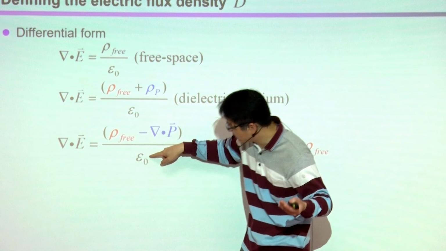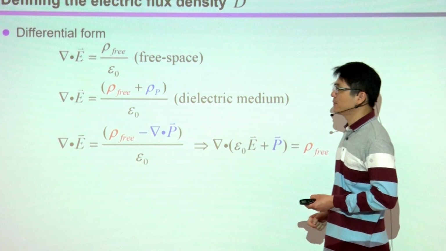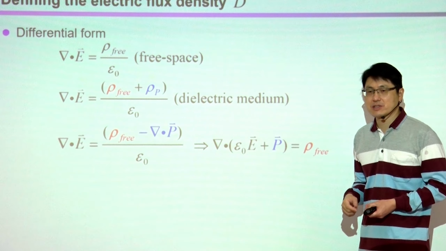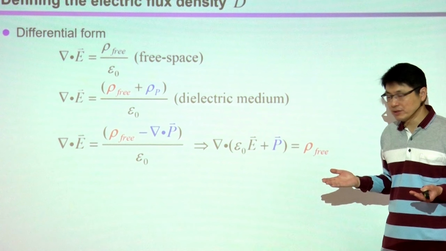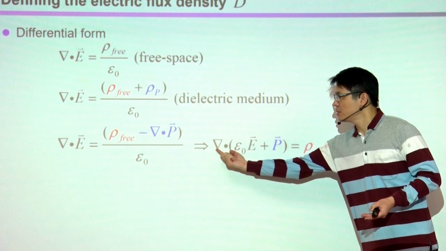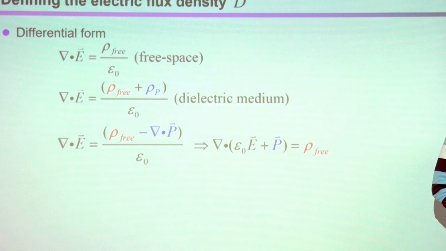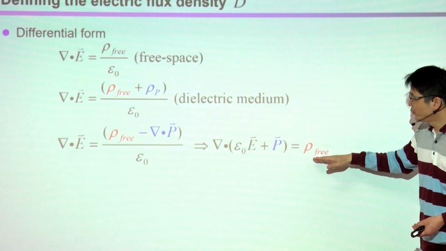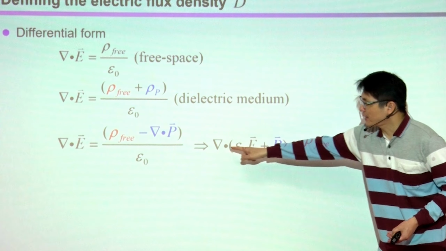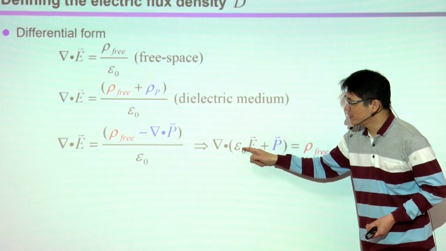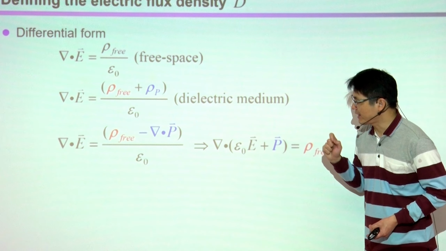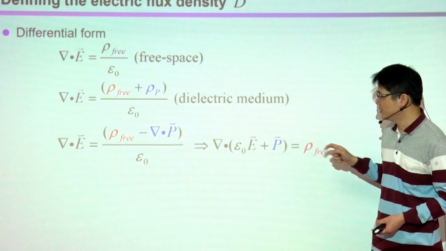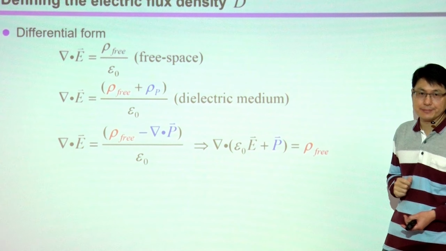It's a constant. We can just multiply it to the left-hand side. And divergence is distributive. We can combine these two into one divergence, right? So now it reads: divergence of epsilon 0 E vector plus P vector is equal to rho free.